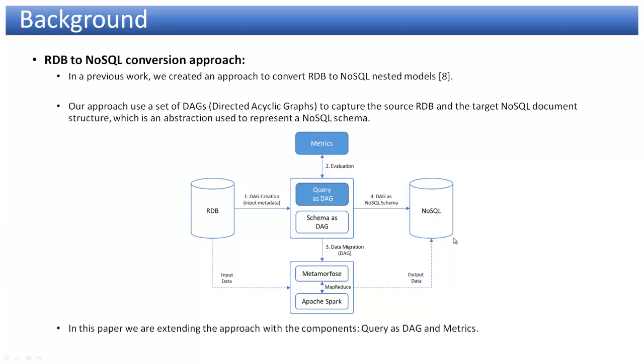In this article, we are extending the approach by adding step 2, with the components query as DAG and metrics. The objective is to evaluate the NoSQL schema before performing the data migration in step 3.